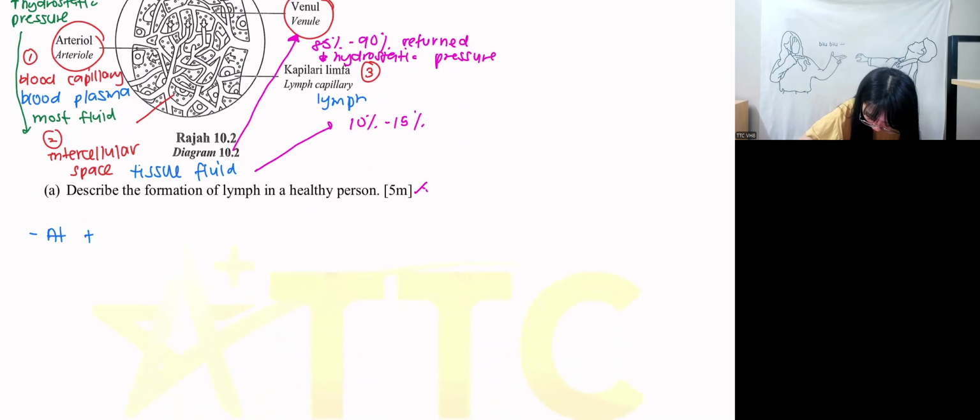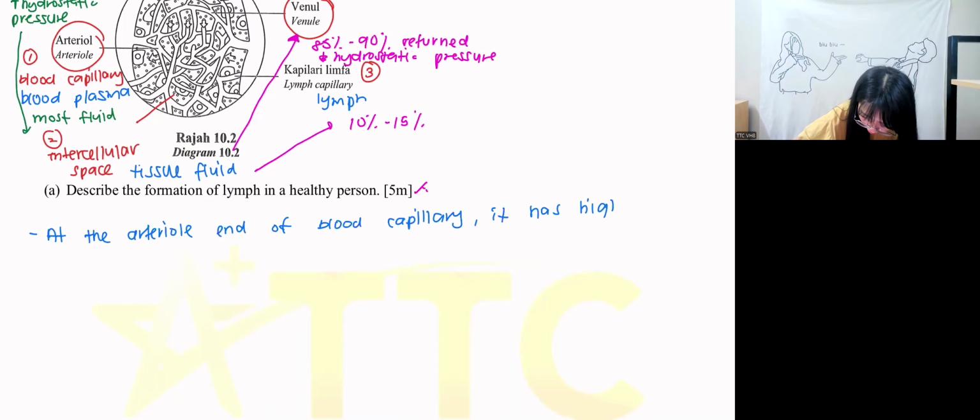At the arterial end of blood capillary, it has higher hydrostatic pressure due to differences in size of lumen.